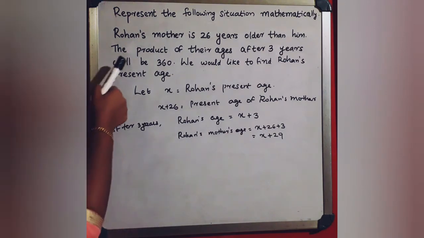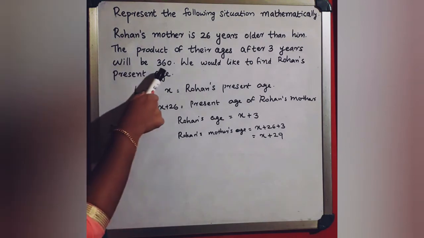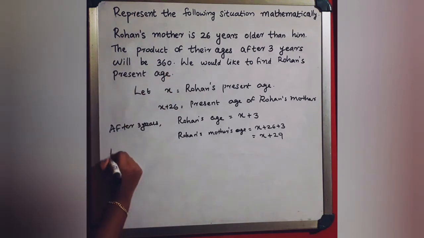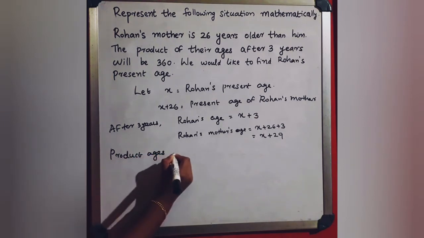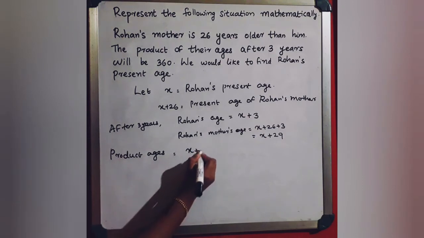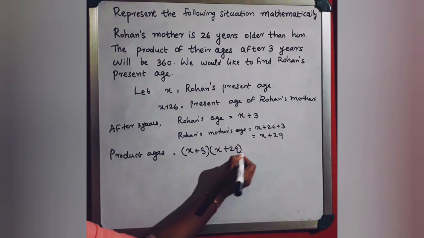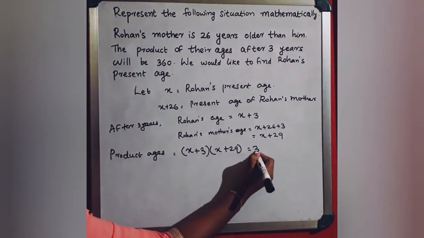Now it is given that the product of their ages after 3 years will be 360. So the product of ages after 3 years is, just multiply these 2 terms, that is x plus 3 into x plus 29. What is the value? The value is 360.